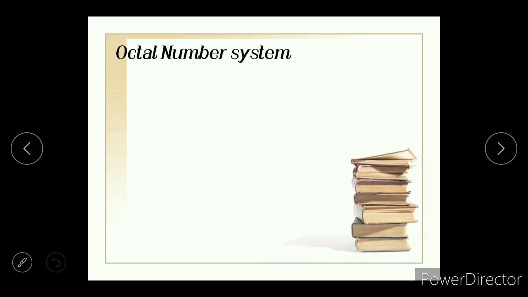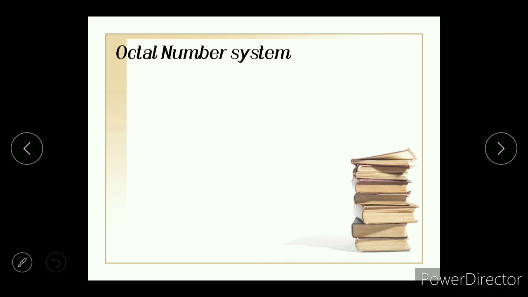Because of all this, it became very difficult for programmers to write even a simple program. And so an intermediate solution was found, that is the octal number system. This octal number system helped programmers convert long strings to symbols easily, and so they could write programs quickly. Octal number systems are not much in use now, but they were previously used a lot.